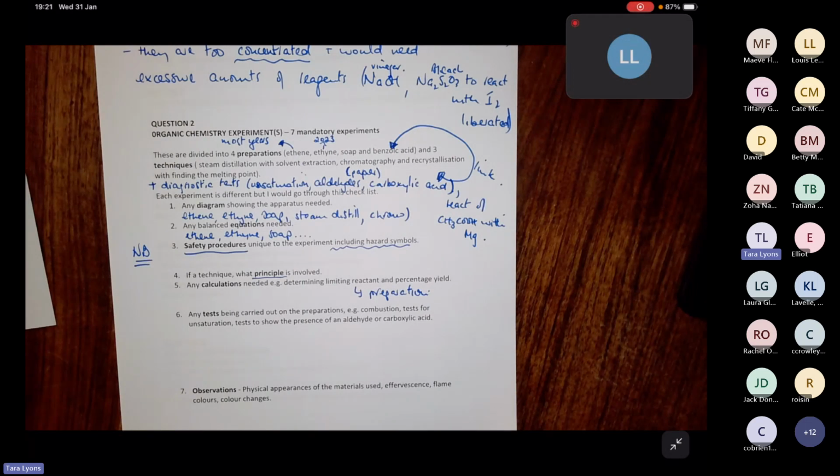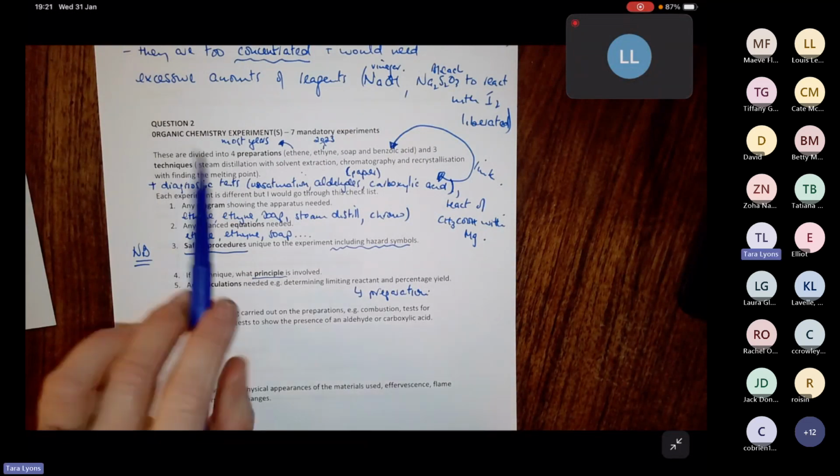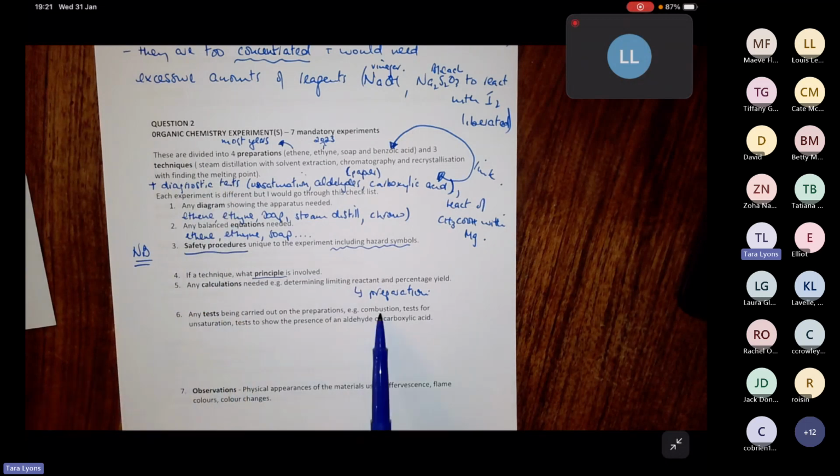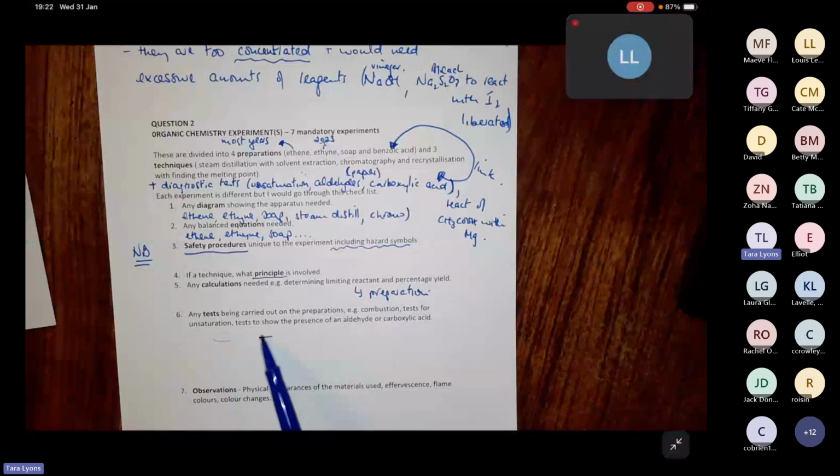They don't always give a calculation in question 2, but it's there, do you know what I mean, often enough to make it something that needs to be prepared in advance. Any tests being carried out, which I've kind of mentioned up here. So are you burning in oxygen? Are you carrying out tests for unsaturation, tests to show the presence of an aldehyde or a carboxylic acid?